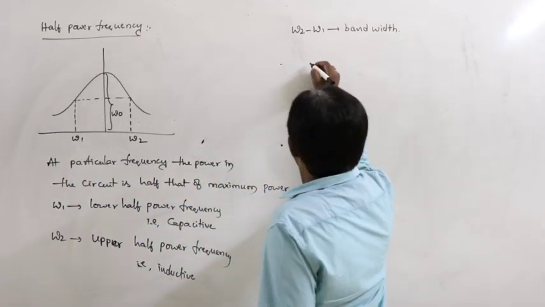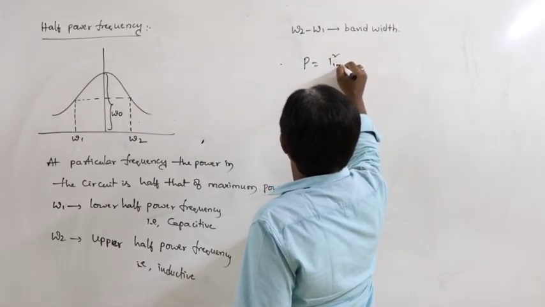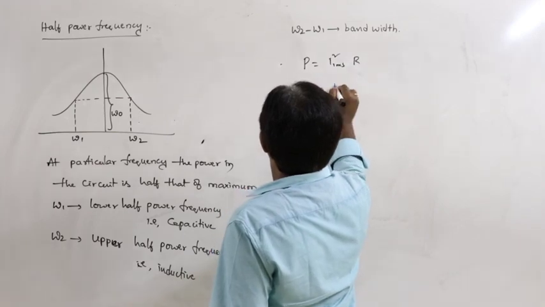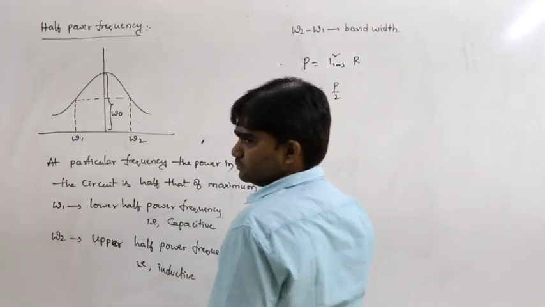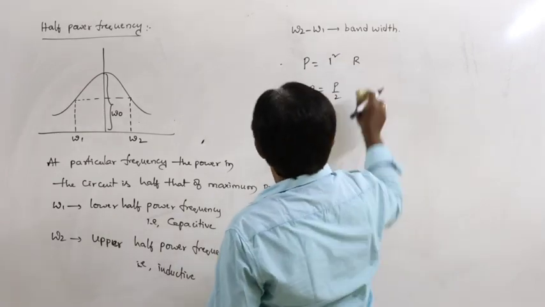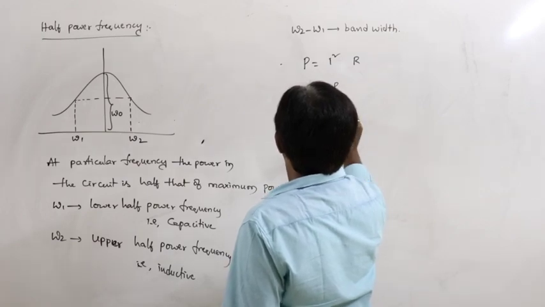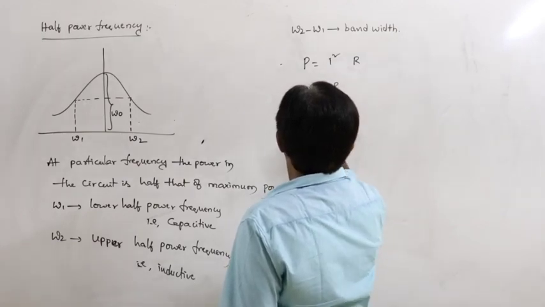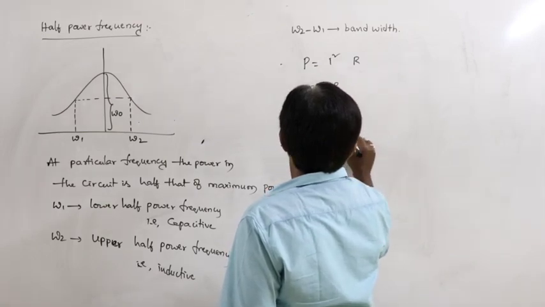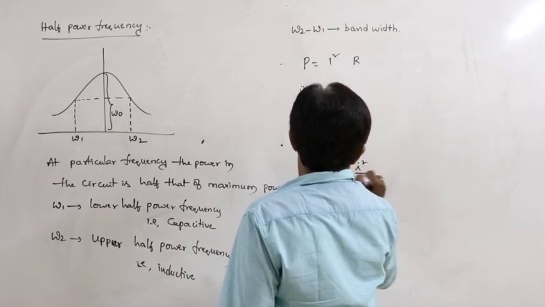So that means, let us say P is equal to I square, IRMS square R. If P becomes P by 2, then P by 2 is equal to I dash square R. I square R by 2 is equal to I dash square R. I dash square is equal to I square by 2.